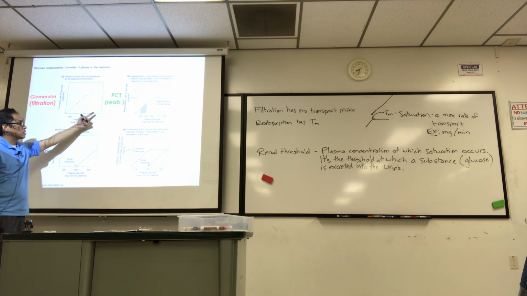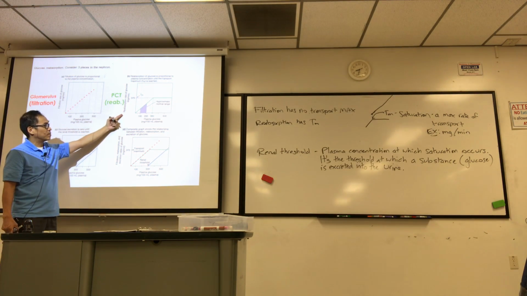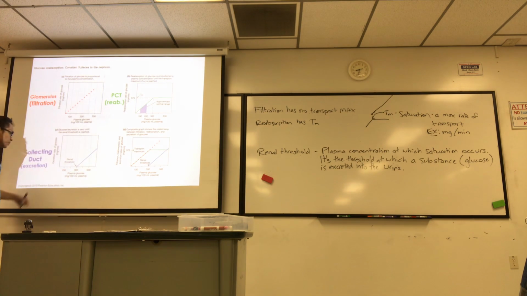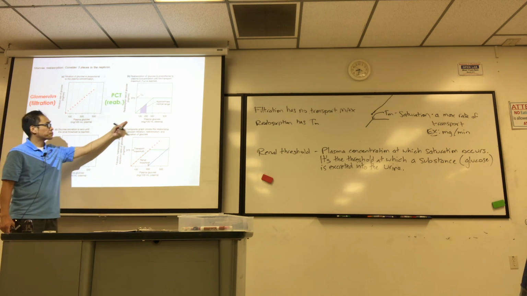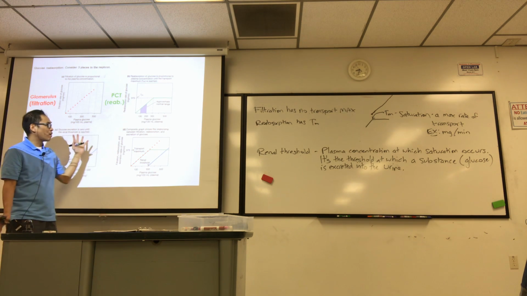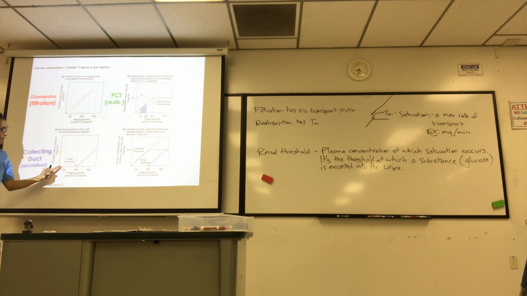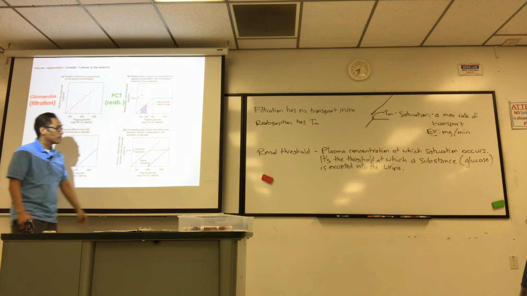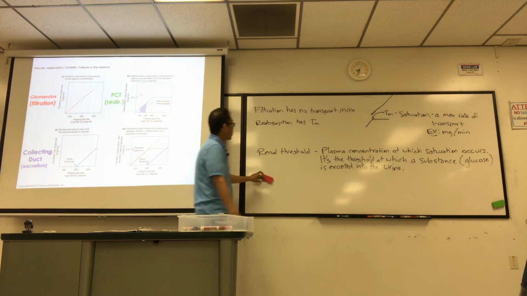Here's reabsorption, say for example at the PCT. But here's the collecting duct, which monitors excretion. And if you consider the plasma concentration of glucose, if you're within a normal range, you'll reabsorb all of it, and nothing will be excreted. However, if you reach some renal threshold, you'll saturate and begin to excrete. So it helps to draw this out.